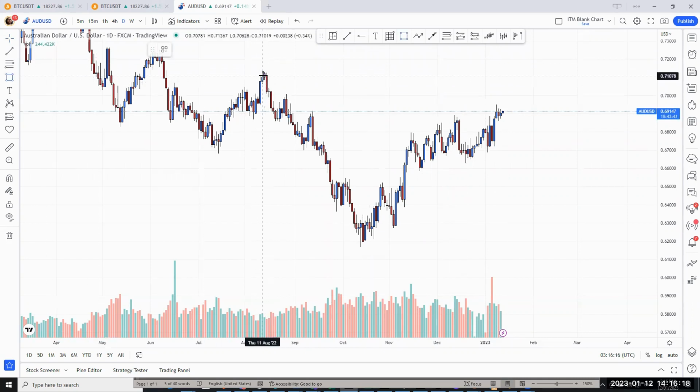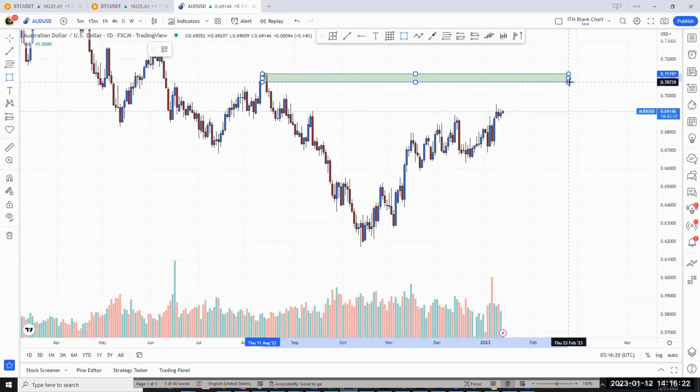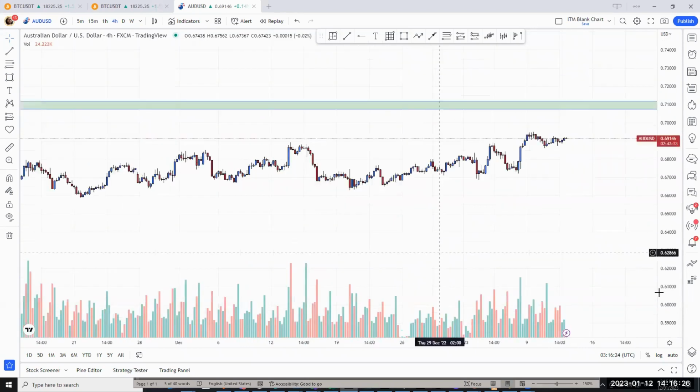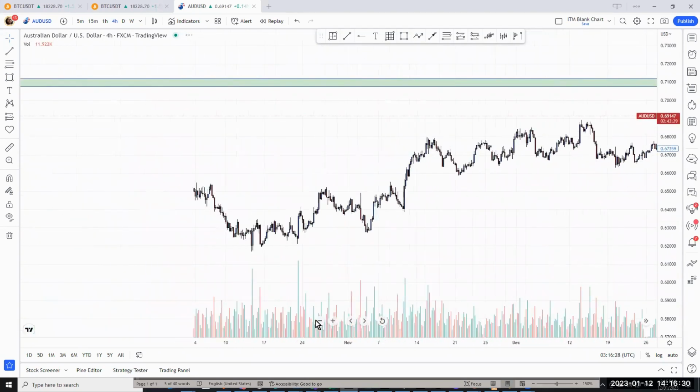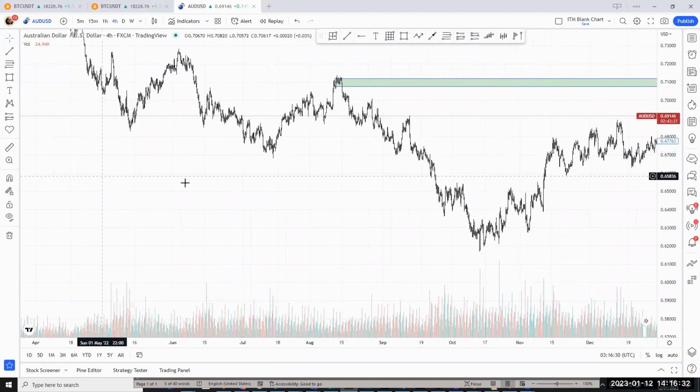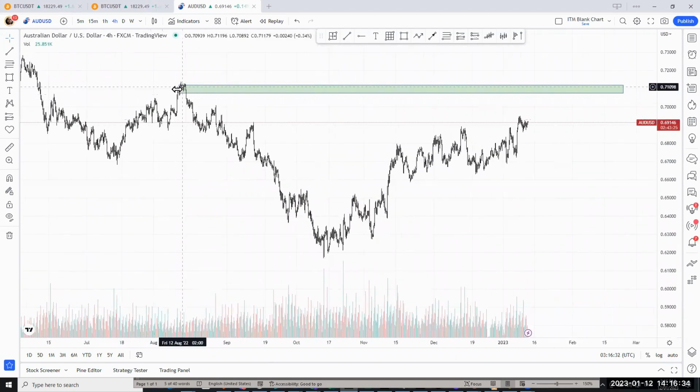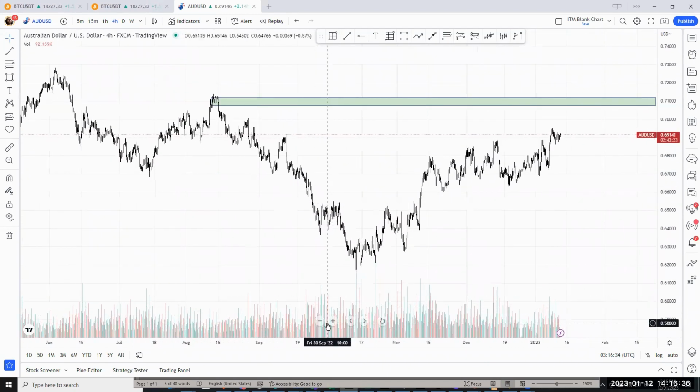That's my key area. It should give me a retracement up here, and you can go into the 4-hour time frame on this. That's the zone I'm looking at.